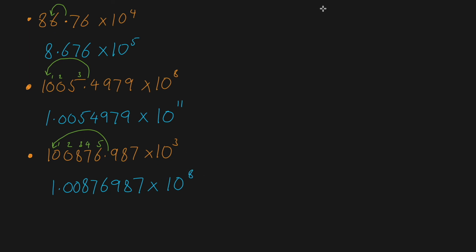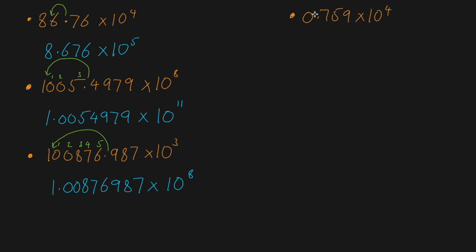Now let's have the examples on the right side. Let's have 0.759 times 10's power 4. How will we solve this problem? We already know the first digit should be non-zero followed by a decimal point.